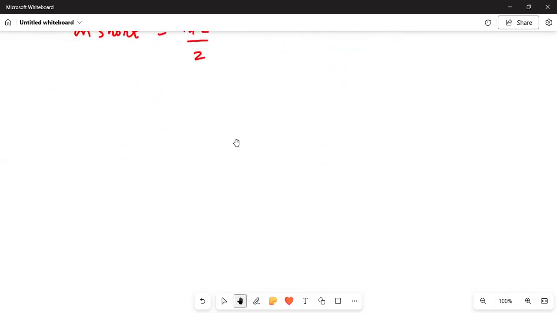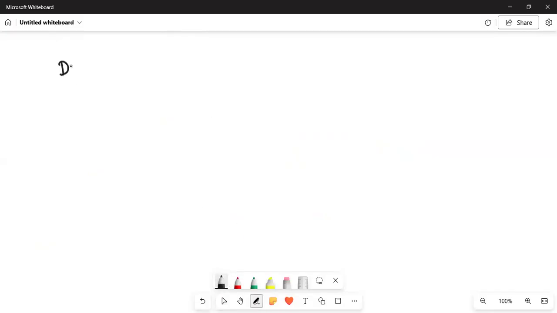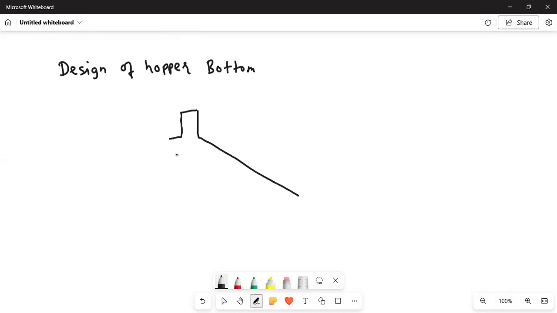Now we will see what is there in the hopper bottom, design of hopper bottom. Hopper bottom is just like a sloping slab. It is just like a sloped slab. It is like this.